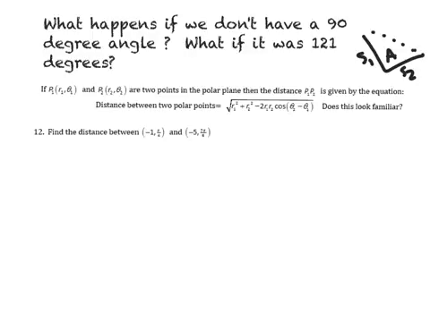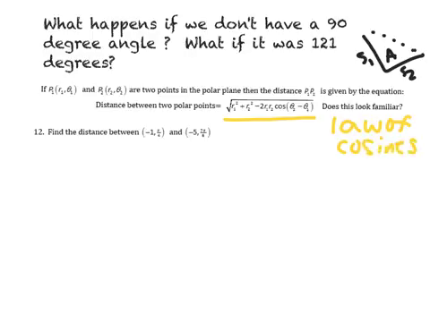If your first point is r1 comma theta 1 and your second point is r2 comma theta 2, the distance between the 2 points in the polar plane is given by this equation, which yes, you need to memorize, but really, if you think about it, you already know how to do this. Does it look familiar? When you have side, angle, side, that's just the law of cosines.